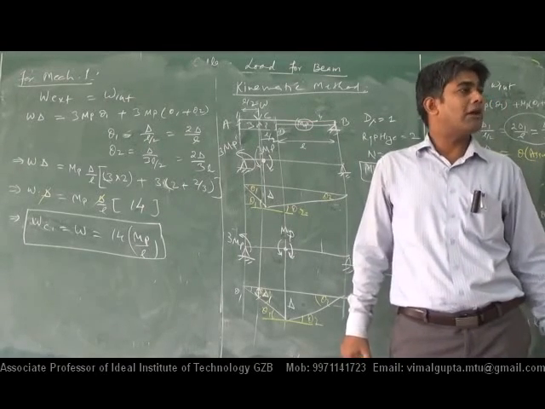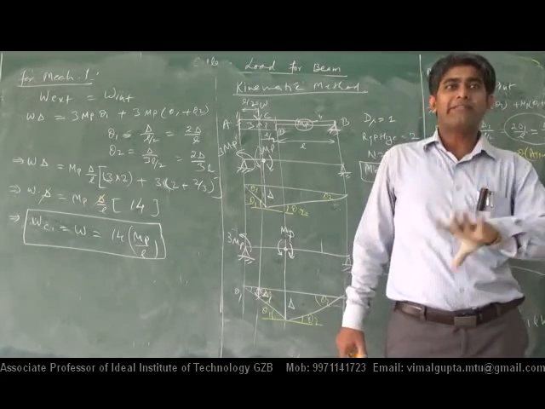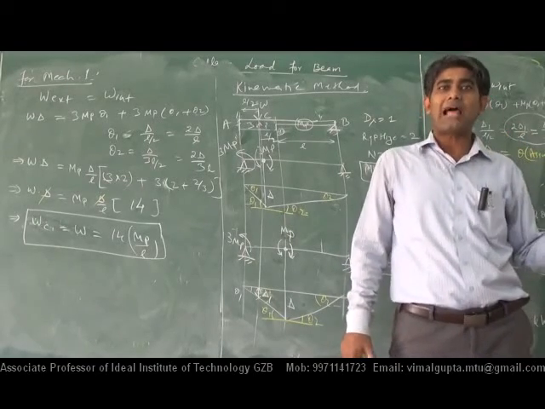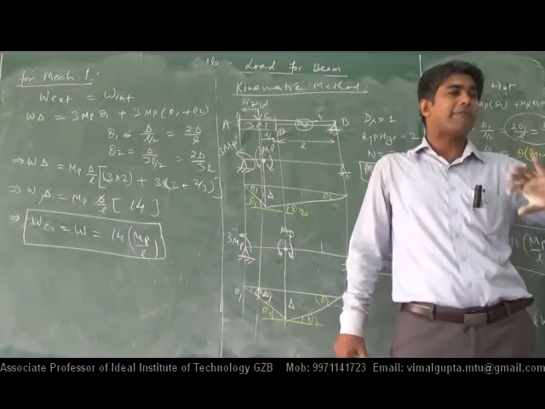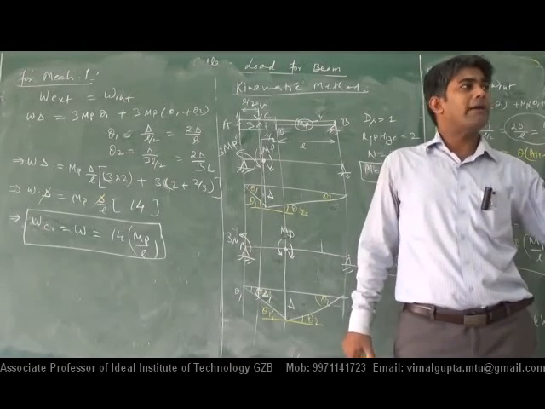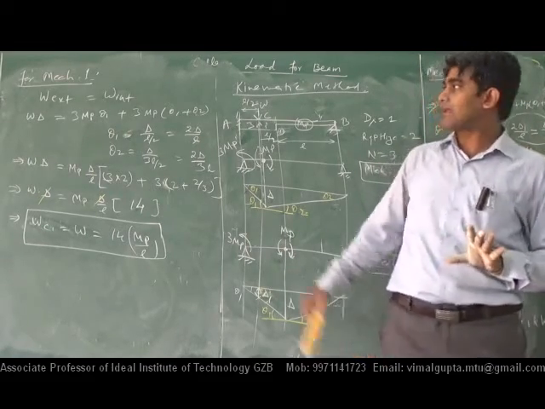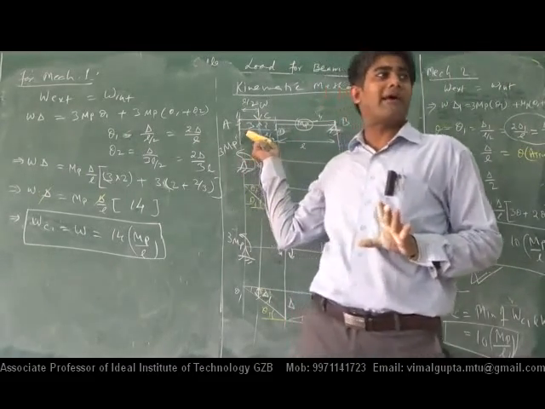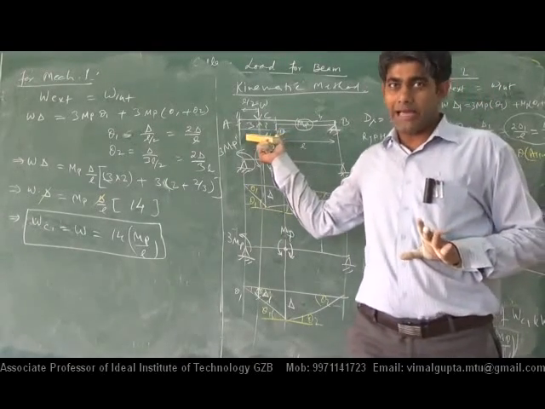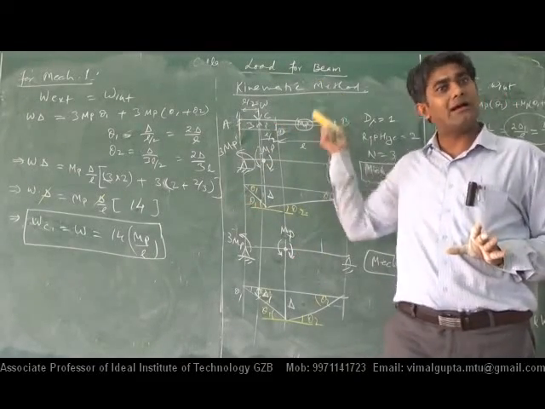That method is suitable only and only when the plotting of the collapse BMD is simple. Plotting of the free BMD is not difficult, it is a very simple thing, because after removing the redundant we can plot that. But the plotting of the collapse BMD, it may be simple, it may be difficult. In that question plotting of collapse BMD was not simple. That's why we have skipped out, and from the kinematic method we have calculated the values.